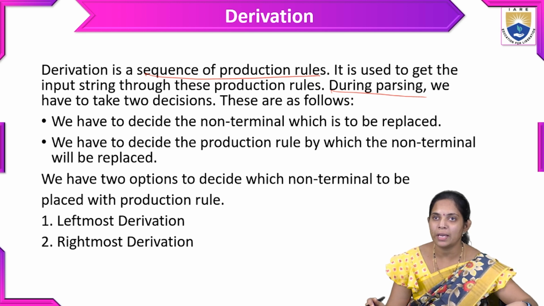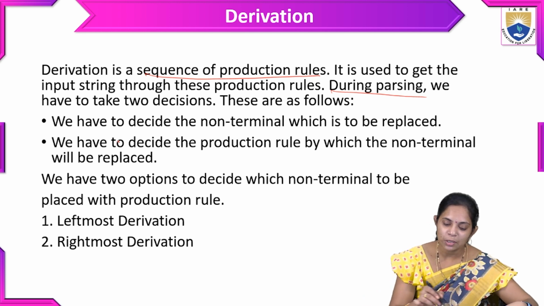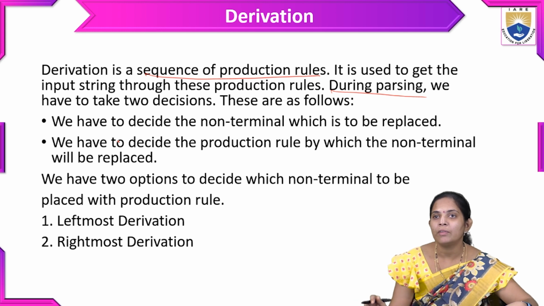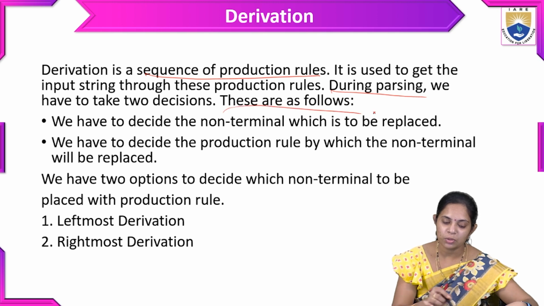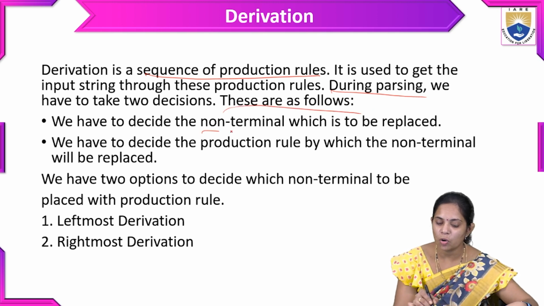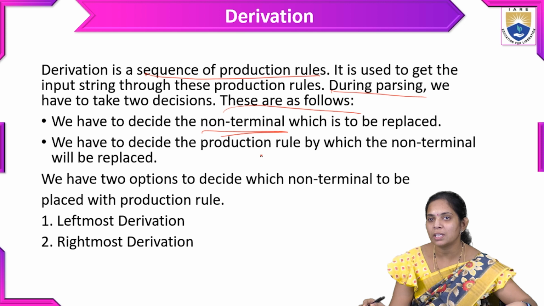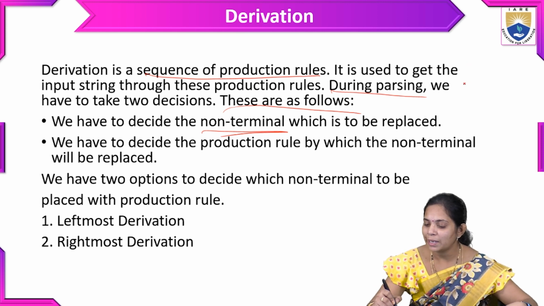What are the two decisions? To derive a string from the production rules, we have to do two steps. We have to decide the non-terminal. Let me write the grammar: G is equal to (V, T, P, S).